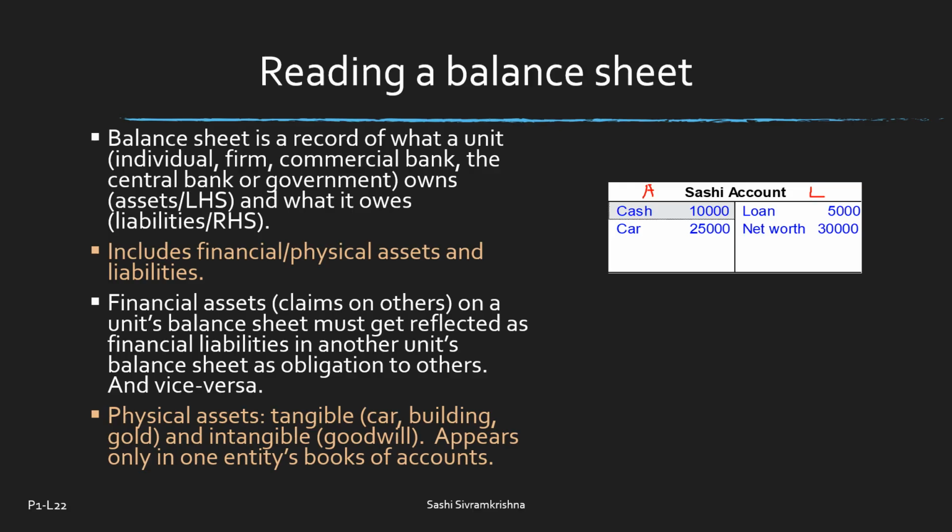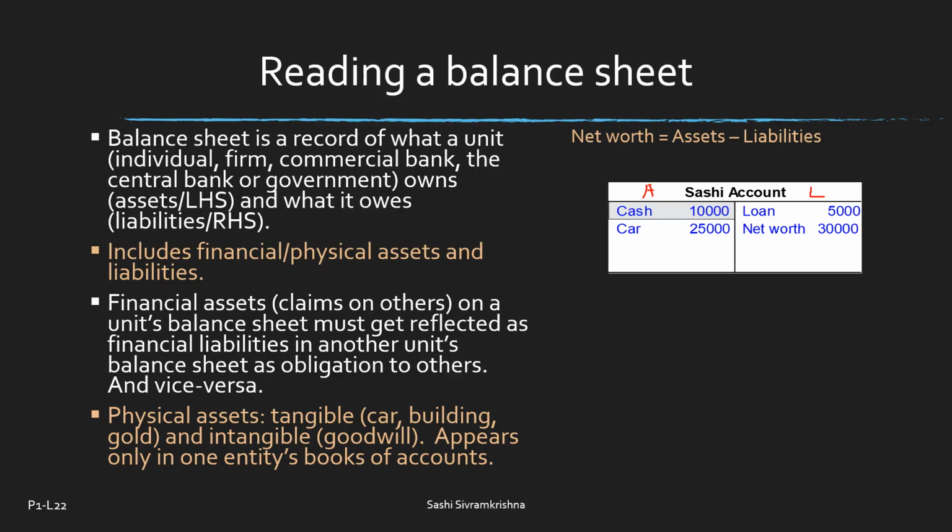This loan could have been taken from an individual by Sashi, so that it's a financial liability to Sashi, but it might be a financial asset to the person who has lent this amount to Sashi. So if Tom has lent the sum of 5,000 to Sashi, then it would appear as a financial asset in Tom's books, while in Sashi's books of accounts it appears as a financial liability.